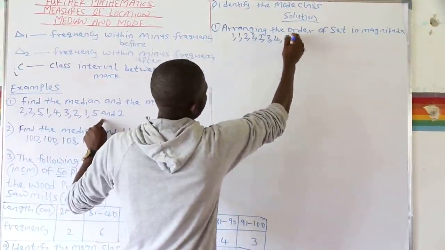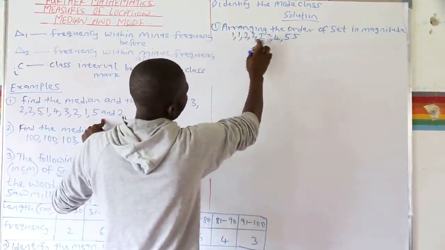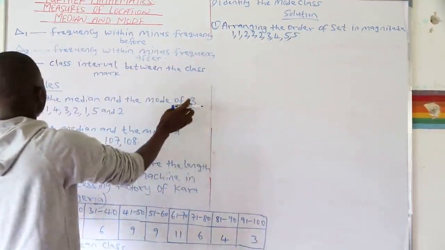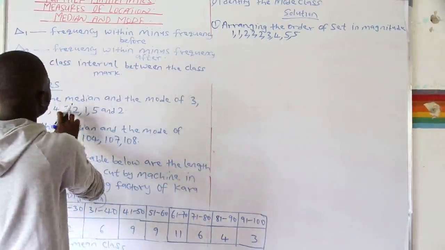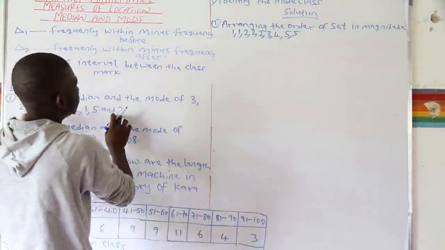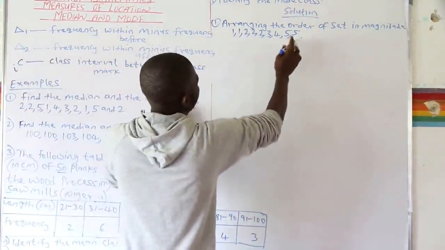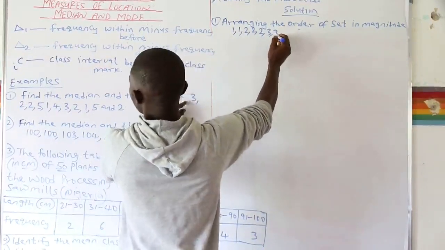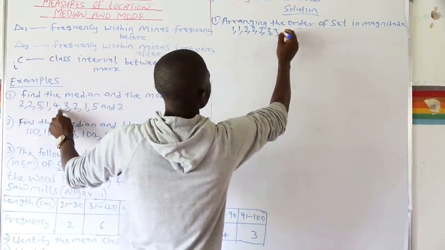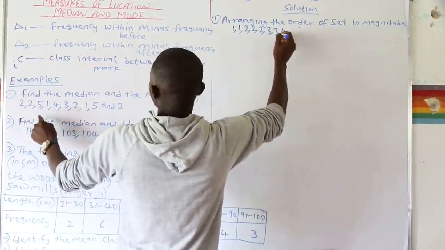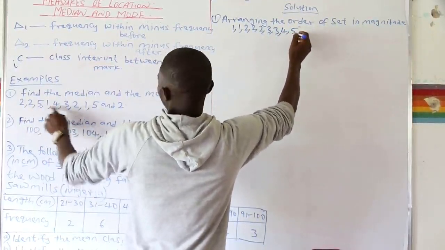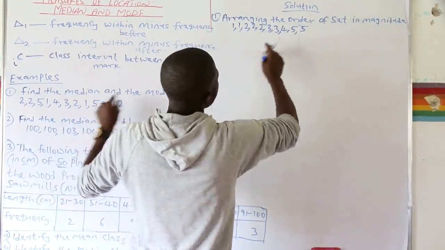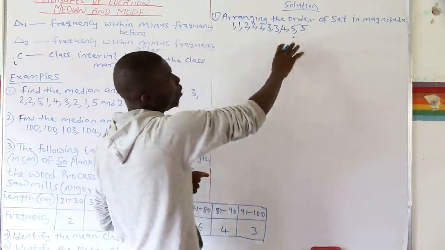That's 5 and 5. So this is arranging the order of sets in magnitude.